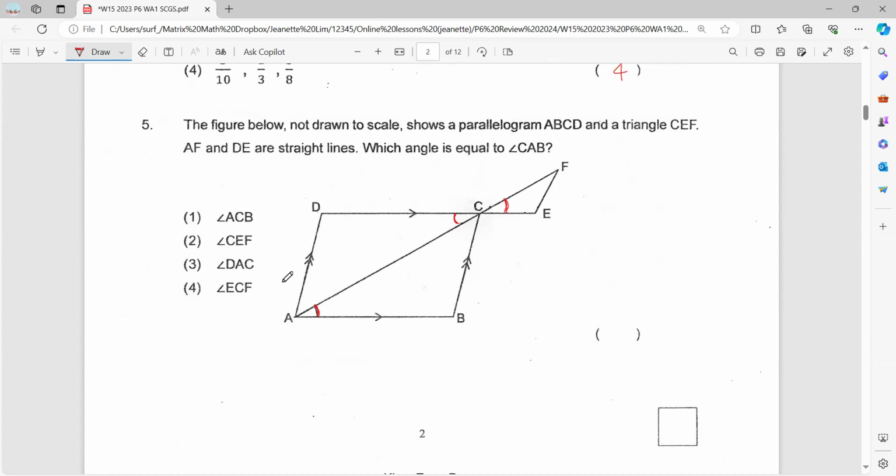First one, ACB, which is over here. No, that's not equal. CEF is here. No, not the same. DAC is over here. No, not the same. ECF, yes, that's equal. So answer 4.